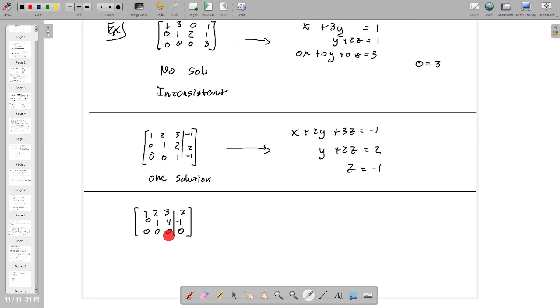It is a true equation. So this is not inconsistent, it's actually dependent. What happens here is that we have two equations, but we have three unknowns. And that will cause us to have infinitely many solutions.